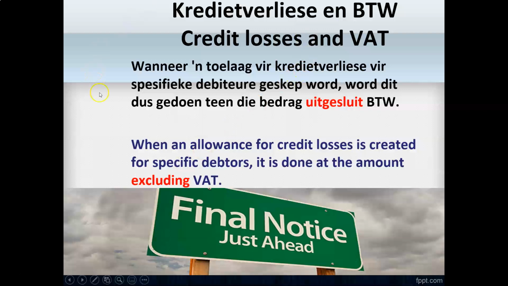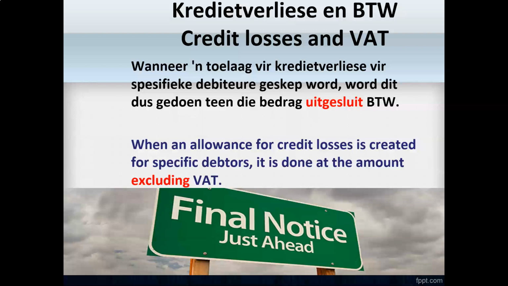So therefore he says, whenever you're going to create an allowance for credit losses, you are going to remove the VAT out of your outstanding debtors amount. And then you're going to apply the percentage of the allowance for credit losses that you want. So let's say that my expectation is that 10,000 Rand of debtors is going to go belly up.